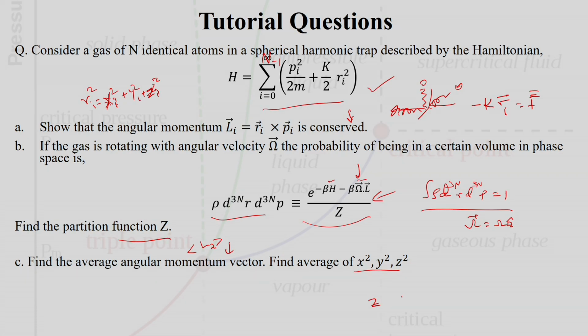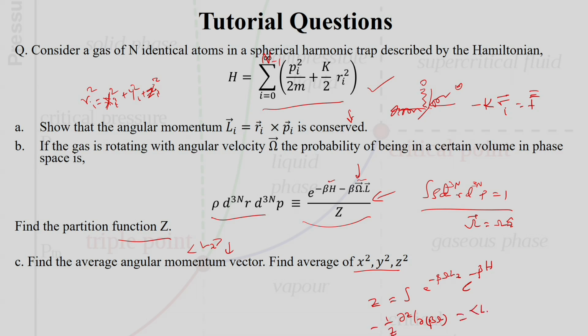That's easy, because remember that Z is basically this integration of Lz times e raised to minus beta h. So if I take dZ by d beta omega and put a minus sign, I will get an Lz downstairs, and then I divide by Z.